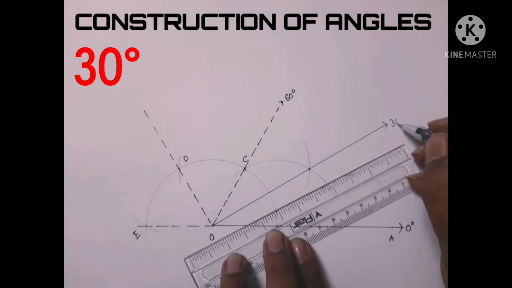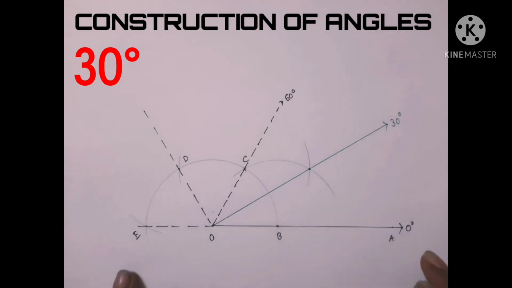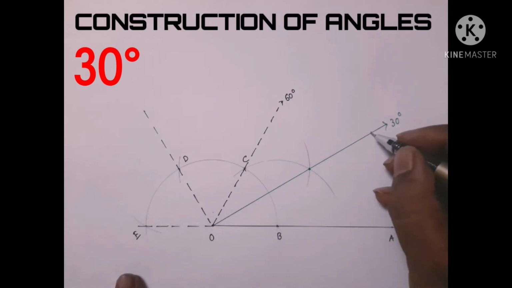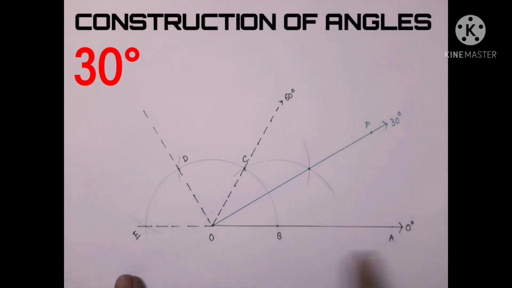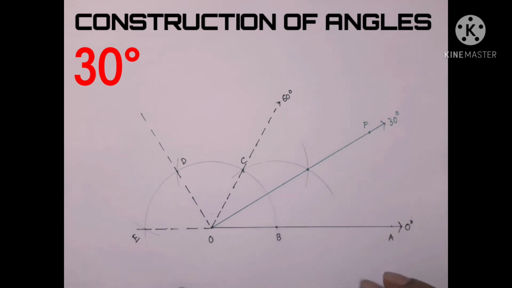So this will be angle 30 degree. Let us mark a point here, F. So angle AOF will be 30 degree. AOF is equal to 30 degree.